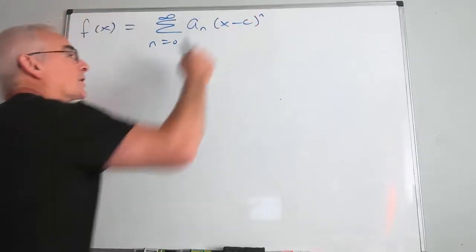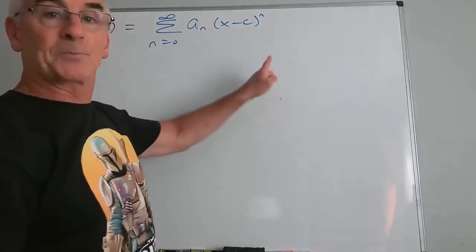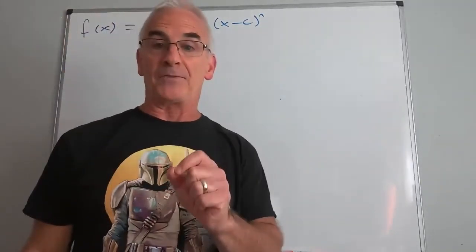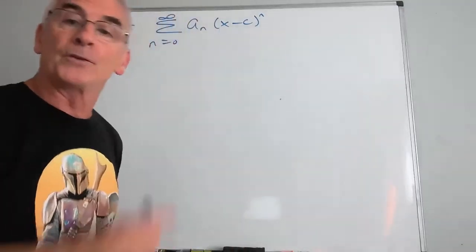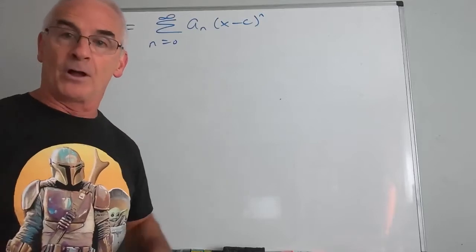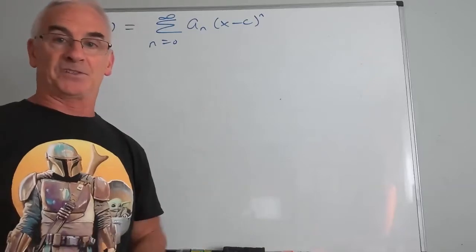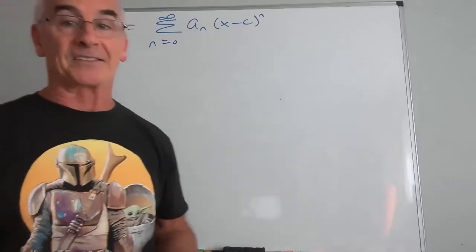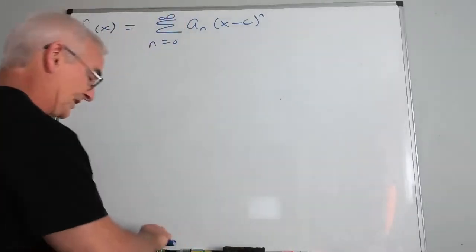Now, when we say we're going to expand it about c, we can only expand it about c if f of x is analytic at c. That means all of the derivatives of f of x, f prime, f double prime, f triple prime, forever and ever, all have to exist at the value c. That's why we really like c to be 0 whenever possible, but c cannot always be 0, and we'll see that.